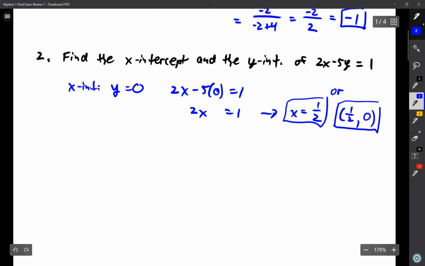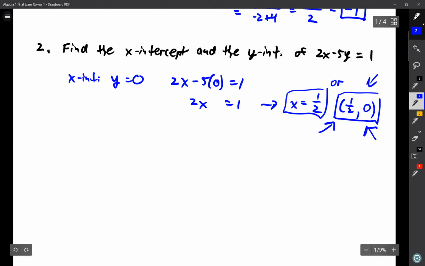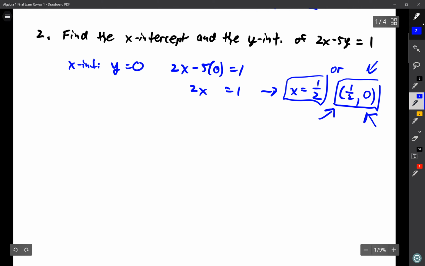I am in future years going to make more of a recommendation for doing it this way, because I've seen too many students this year and in past years when they get the x and y-intercepts. Well, I'll show you what students are tempted to do so we can avoid it. The y-intercept is when x equals 0. So we do the same thing.